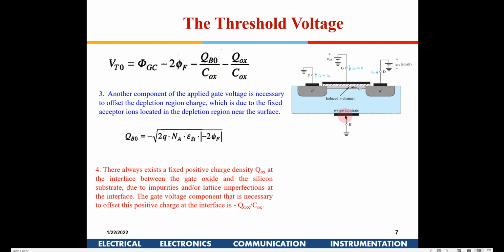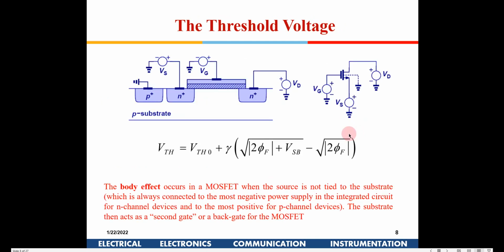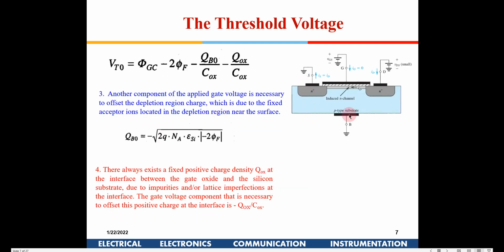So here we are taking an example where the body is grounded. In the next case, we'll see what if the body is not grounded. In many circuits the body will always be grounded, but here we have taken the body and source to be at the same potential.